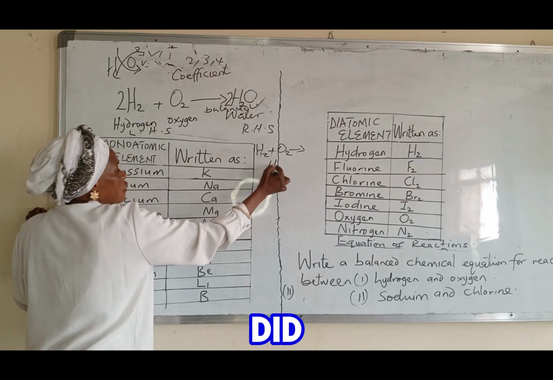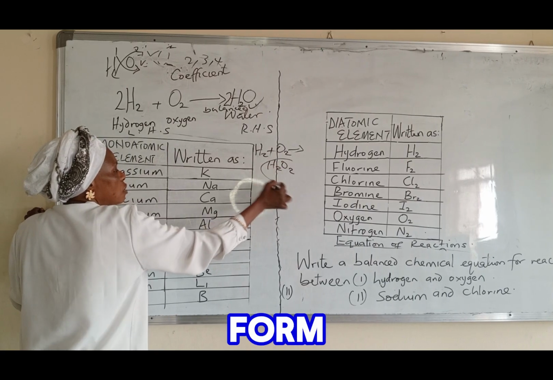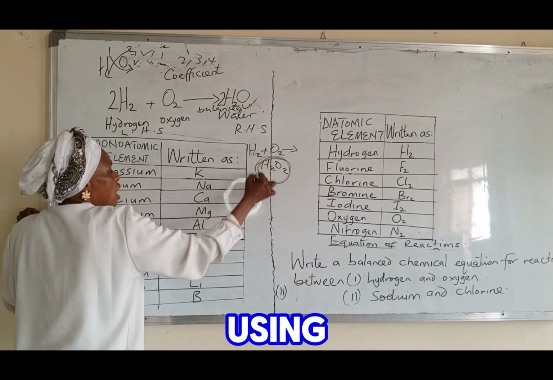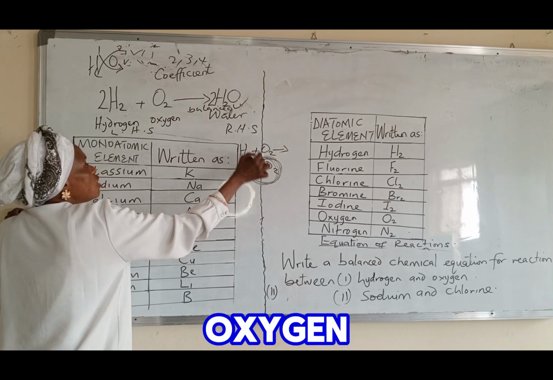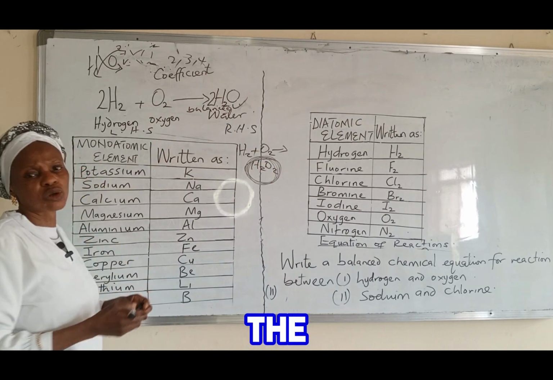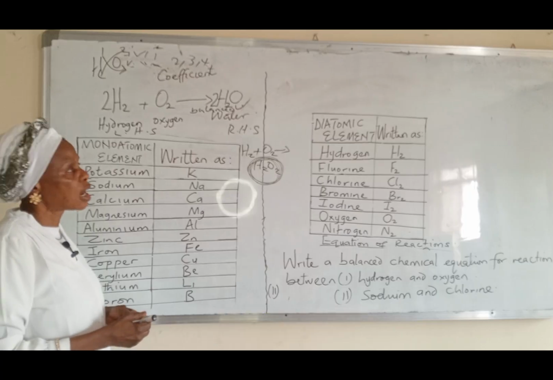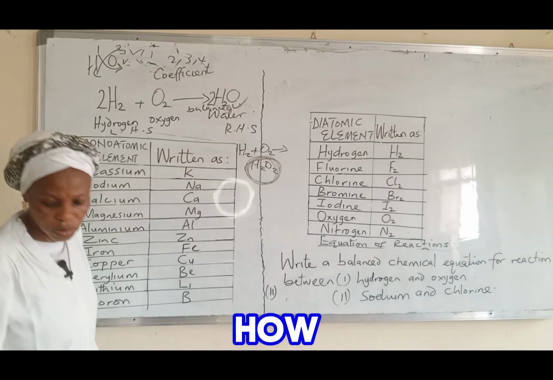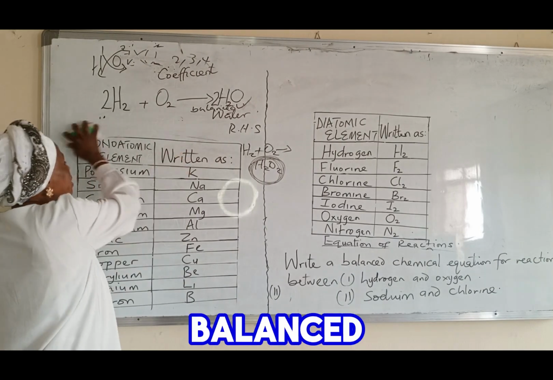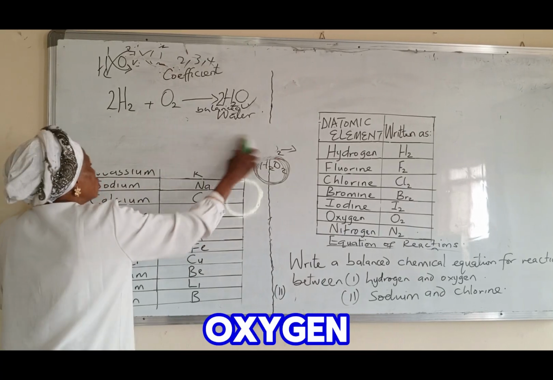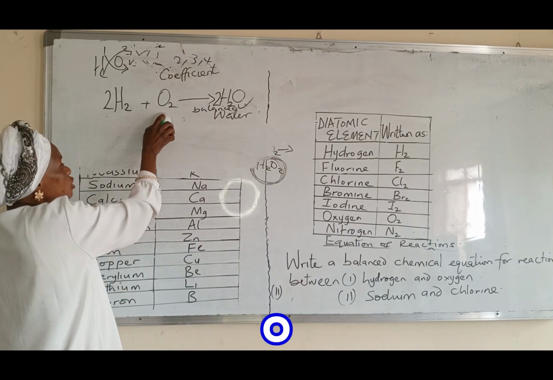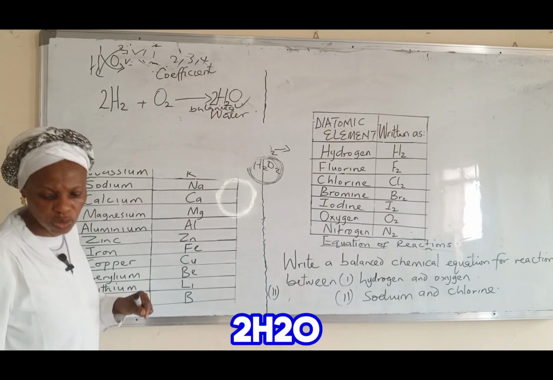I have to form this compound using their combining powers. The combining power of hydrogen and oxygen will give us the product the two of them will produce. And this is water, and this is how it's balanced now. So the balanced chemical equation of hydrogen and oxygen will be 2H2 plus O2, giving us 2H2O.